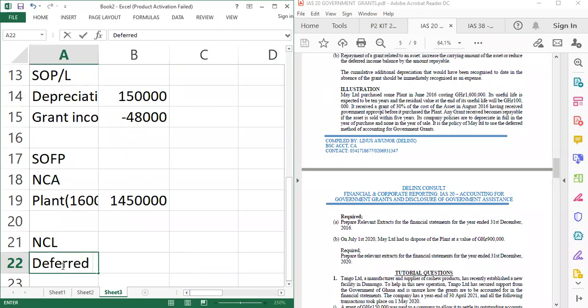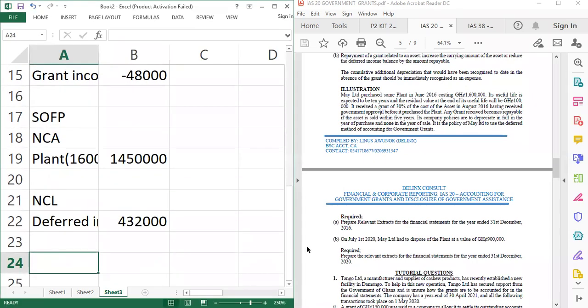Deferred income is better because it's an income we are taking to the year we are going to recognize it. The deferred grants will be 432,000.